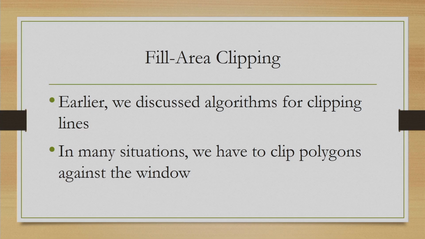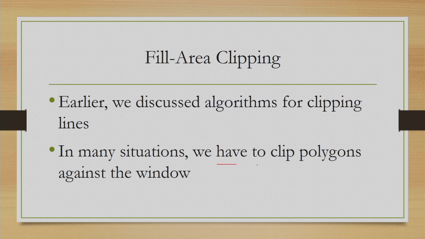Now, clipping a filled area is different than clipping a point or a line, as we shall see in today's lecture. In fact, such situations are quite frequent in practice, where we have to clip polygons against the clipping window. So, we require some mechanism to do that.